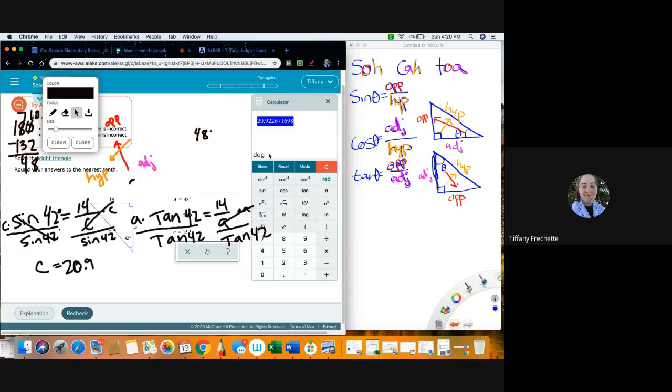That should be fine. What do they not like about that? Oh, I did change it. That's why. So that's actually one of those things where I wanted to say degree here, or at least that's how my other calculator is. Let's make sure. So we have 14 divided by sine of 42. No, I definitely don't want it like that.